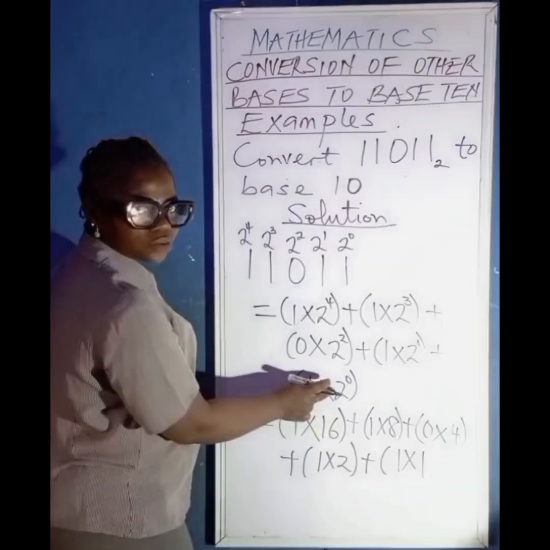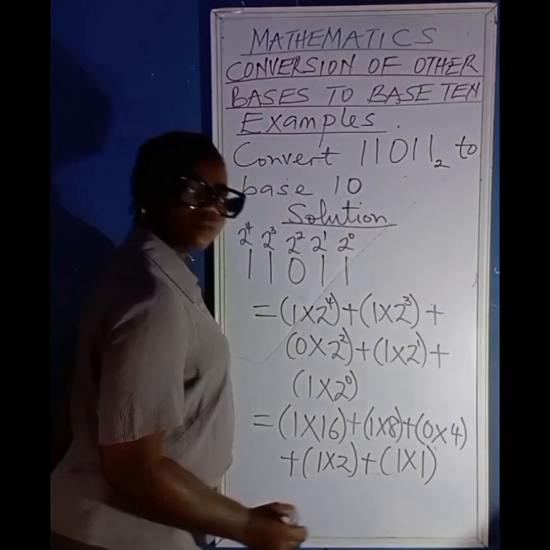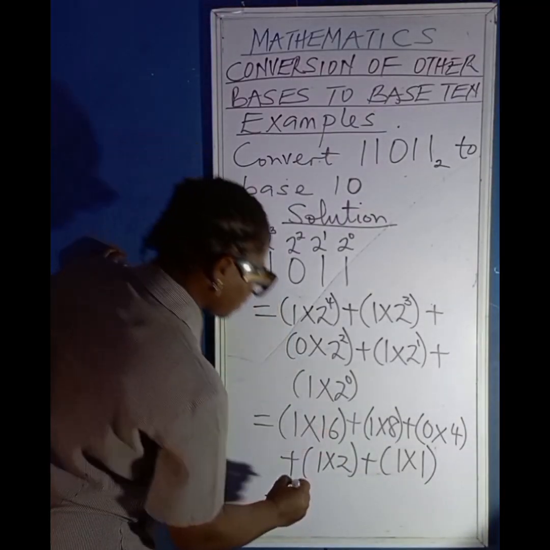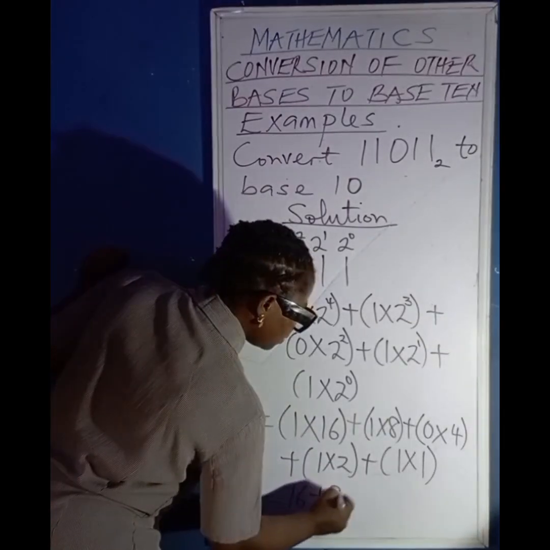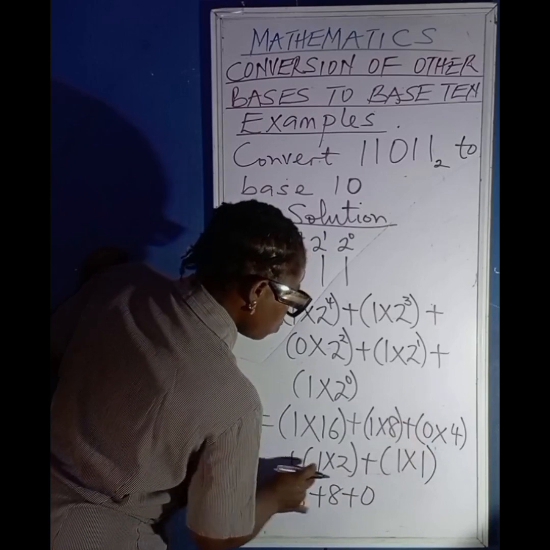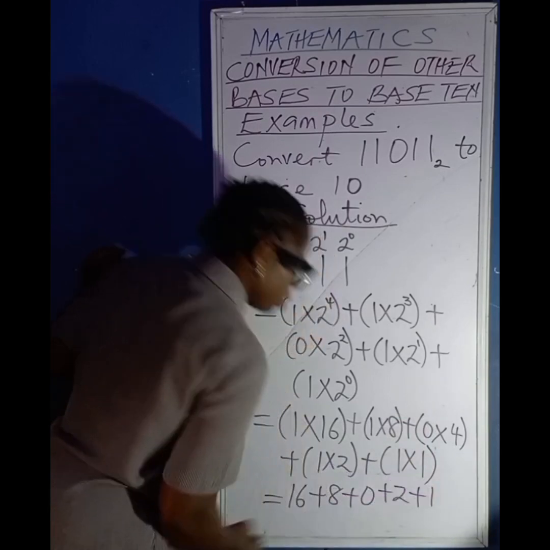Any number raised to 0 is equal to 1. That is 1 times 1. This translates to 1 times 16 is 16, plus 1 times 8, 8. 0 times 4 is 0. 1 times 2 is 2. 1 times 1 is 1.